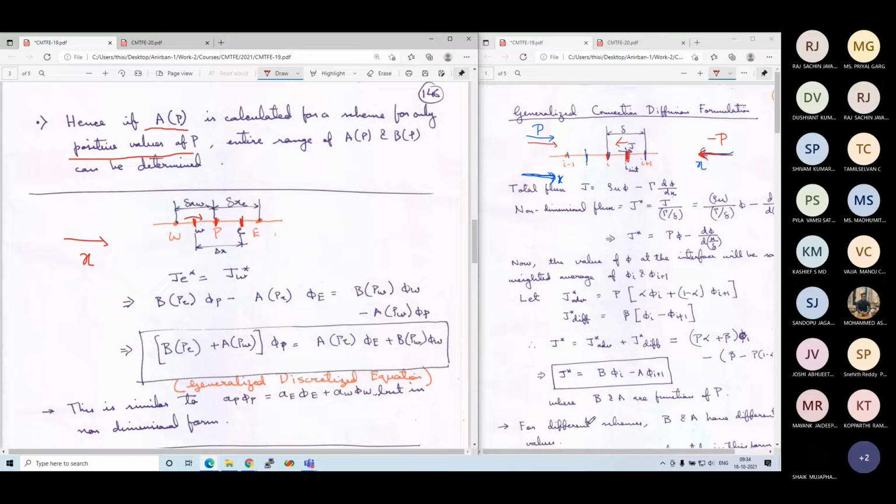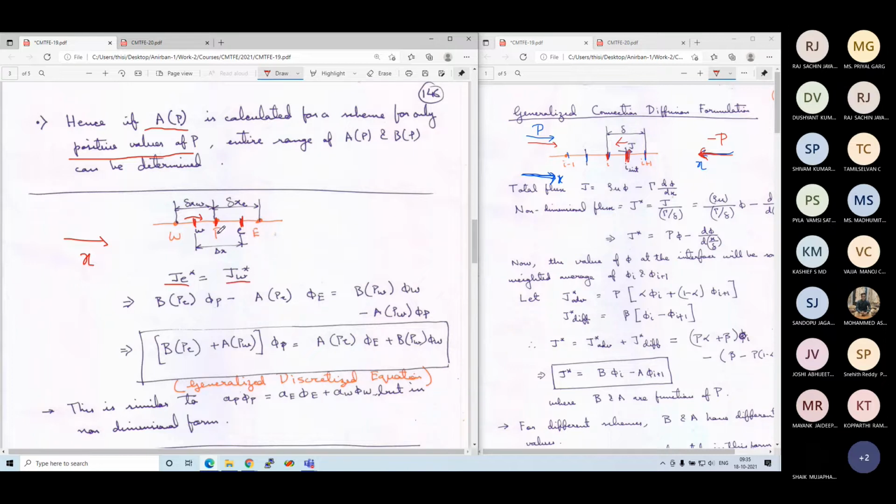So phi P into B. Where is this B calculated? B is calculated at this interface in terms of the interface Peclet number. So B is a function of the Peclet number at the east interface. So B into phi P minus A into phi E, and A is also a function of this interface Peclet number. So this is for J star.